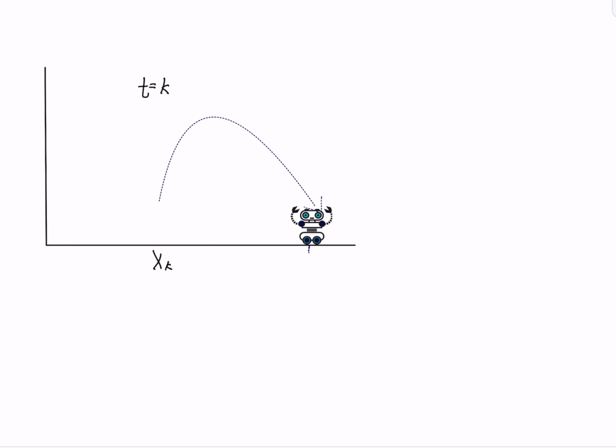Now, what does x at k plus delta t equal? If I know that the velocity equals v, I can write the following equation. x at k plus delta t equals x at time k plus delta t times v.